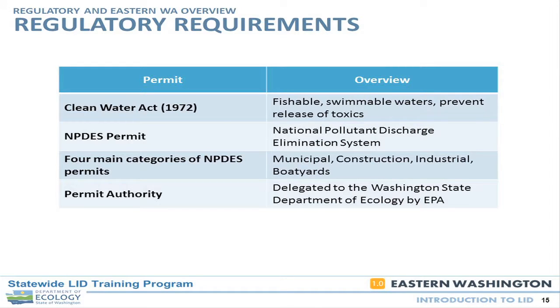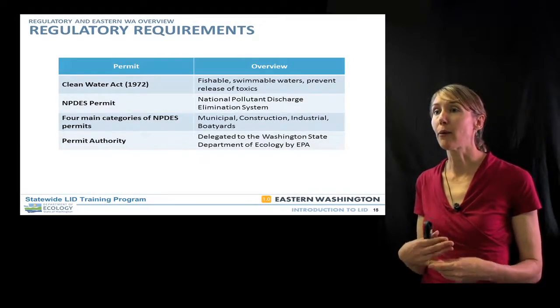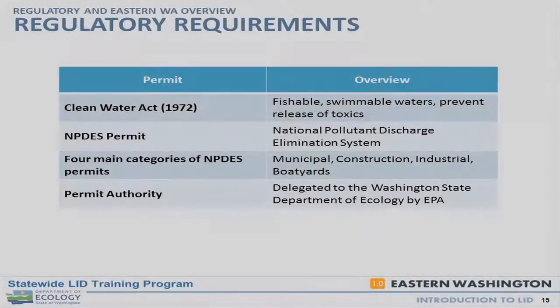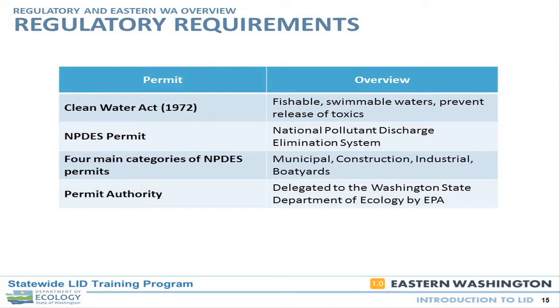So in 1972, the federal government passed the Clean Water Act. And the Clean Water Act is the primary federal law governing water pollution. The goal behind the Clean Water Act is to make our waterways around the country fishable and swimmable. The NPDES permit is part of the Clean Water Act.